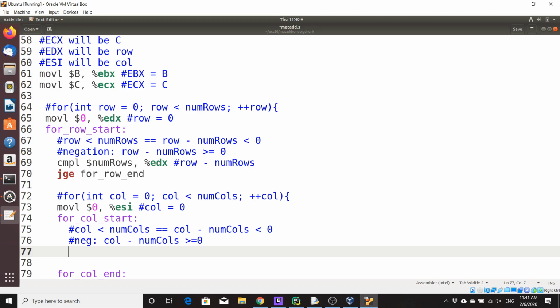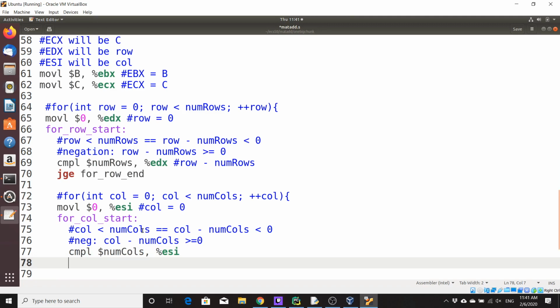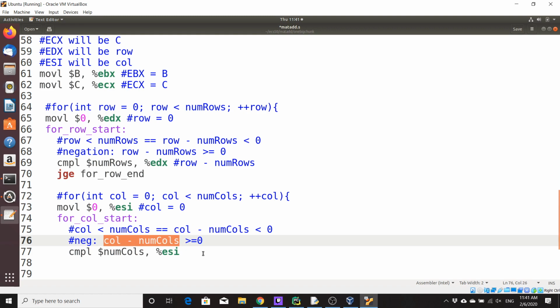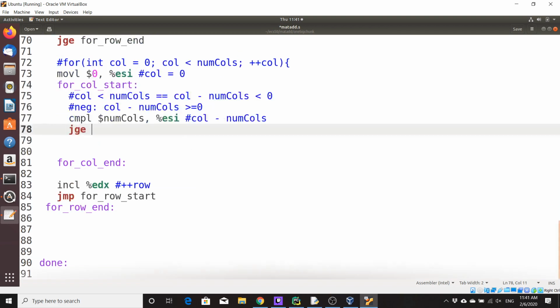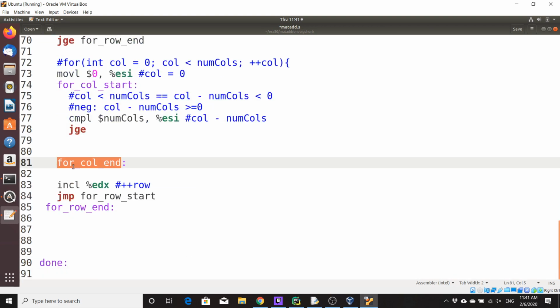So we have to do the subtraction, which is we're going to do cmpl $num calls with, again, call is ESI, right? That's the call minus num calls portion. And then JGE to for call end, yeah.